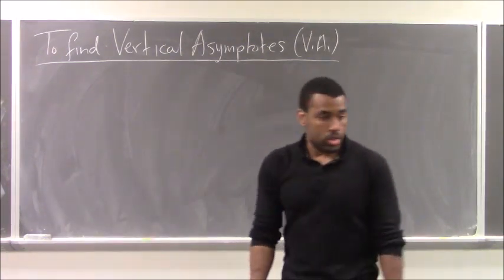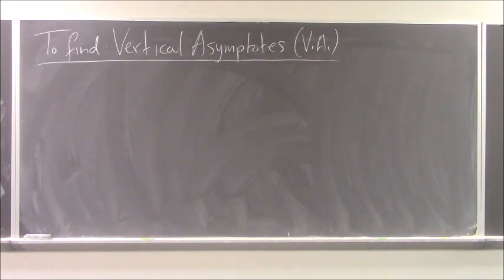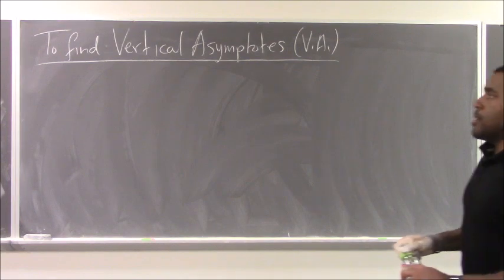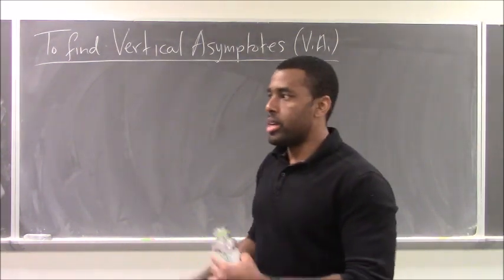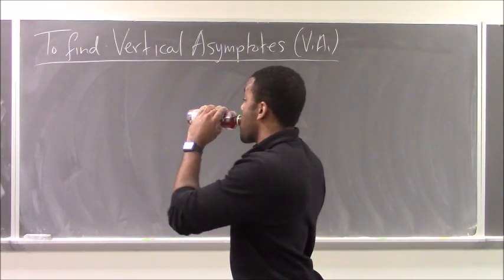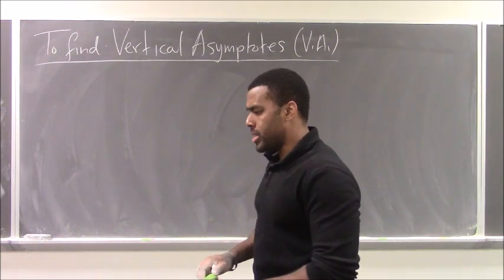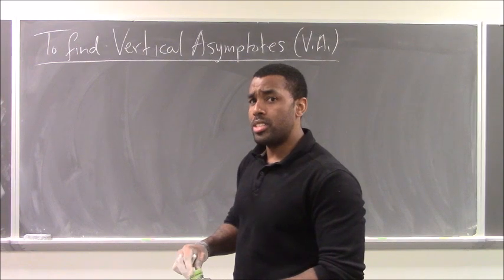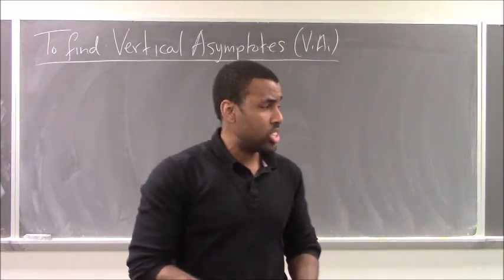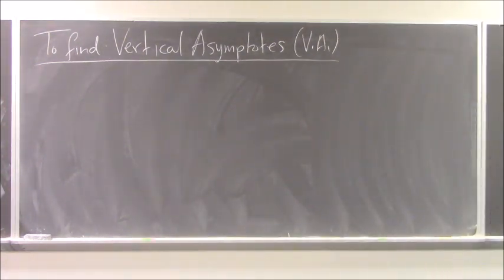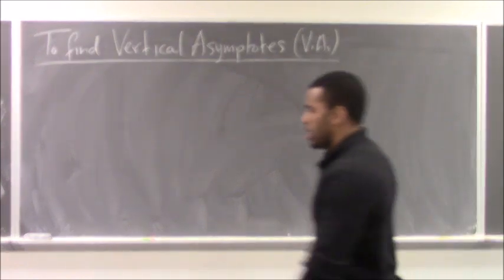Let's find the vertical ones. So for these, they're a little bit trickier in general. But for the kinds of functions I'll ask you about, there's actually a nice little shortcut for how to find them.